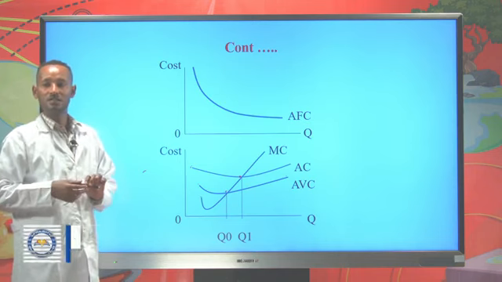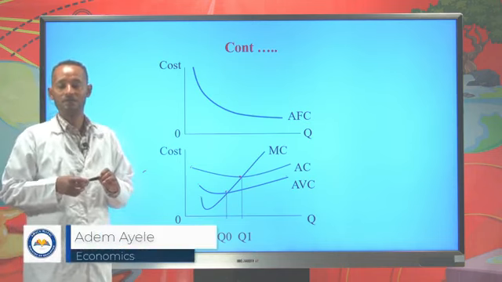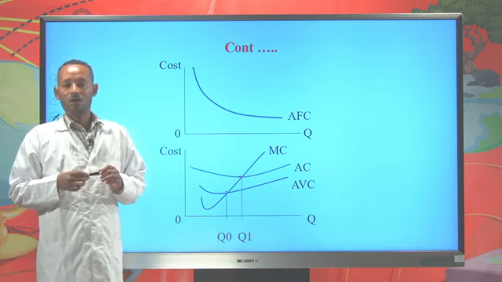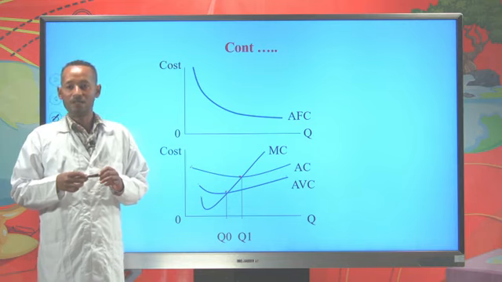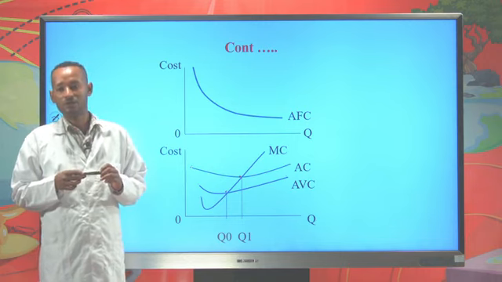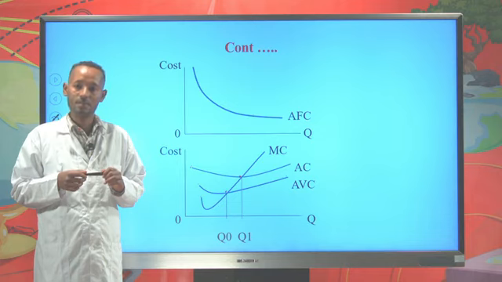So, the three relationships between the MC and the AC or the AVC curves are: whenever AC or AVC is above MC, AC or AVC decreases. Whenever MC equals AC or AVC, then AC or AVC reach their minimum.